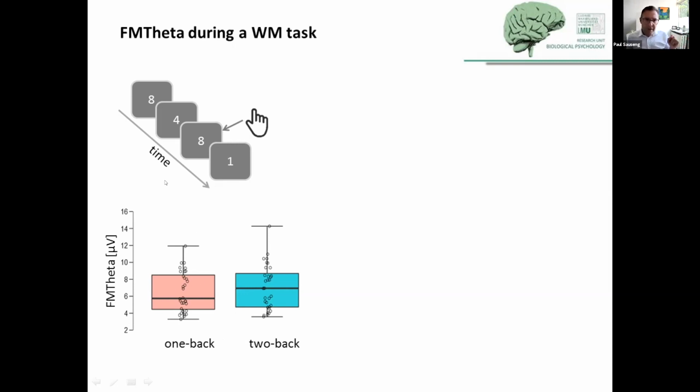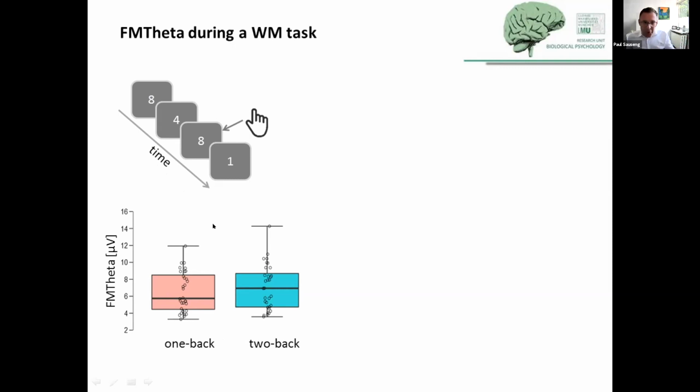You only have to press a button when a number is repeated. When you have 2 back, you have to press the button whenever the same number was presented 2 digits earlier, meaning that you have to regularly update your working memory, your short-term memory. You have to store more information and so on. It's just more complex, this task.